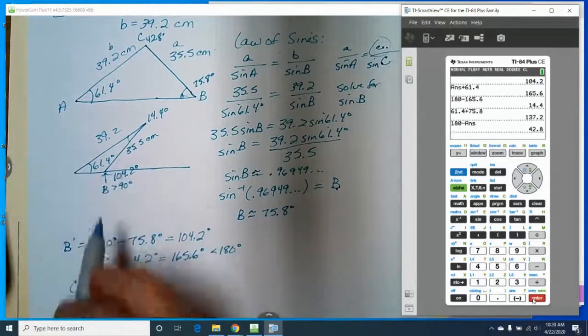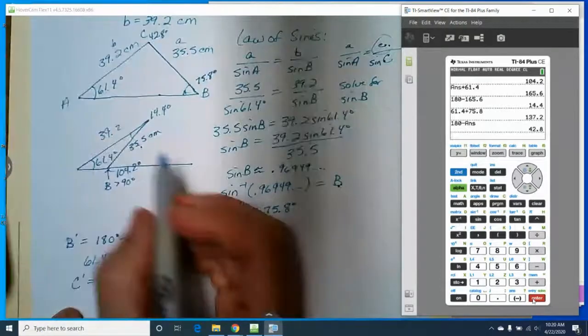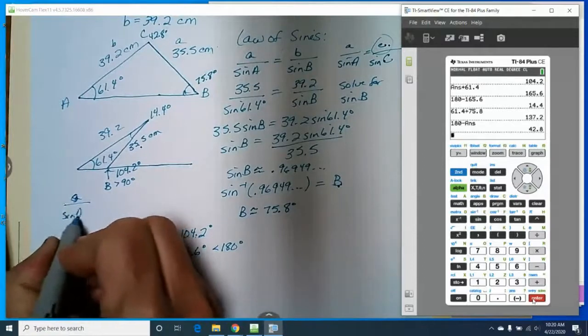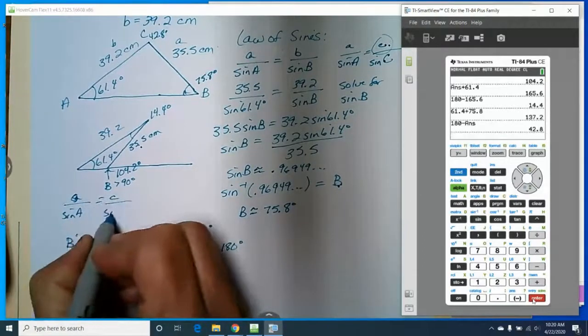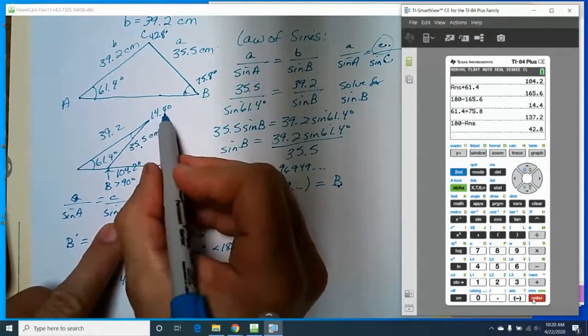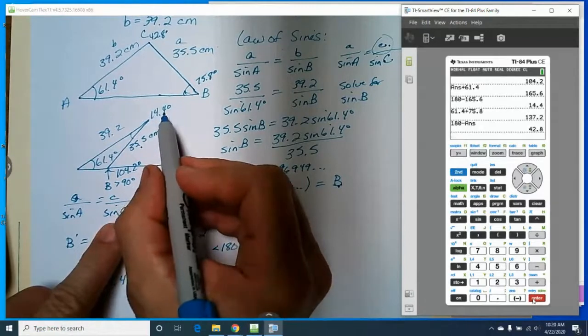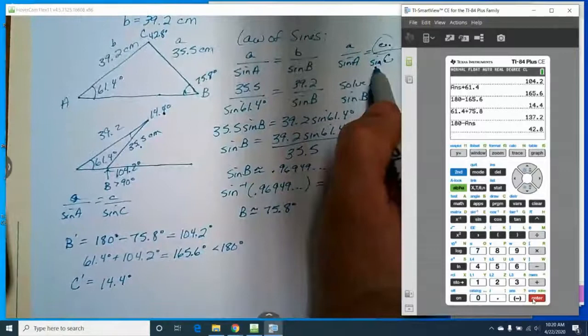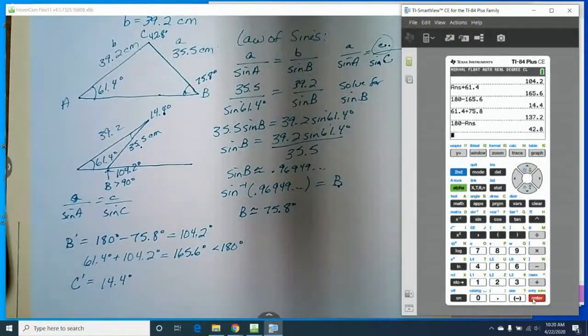And then we'd have to do the same thing with this triangle. So also here we do A over sine of A equals C over sine of C. Only this time, for this one, our C is 14.4 degrees. In this one, it was 42.8. So these ones where it ends up being two triangles, they end up being a lot of work because you actually have to solve both triangles.